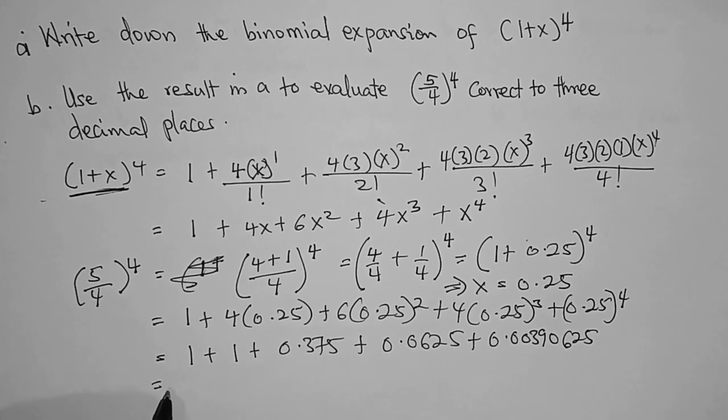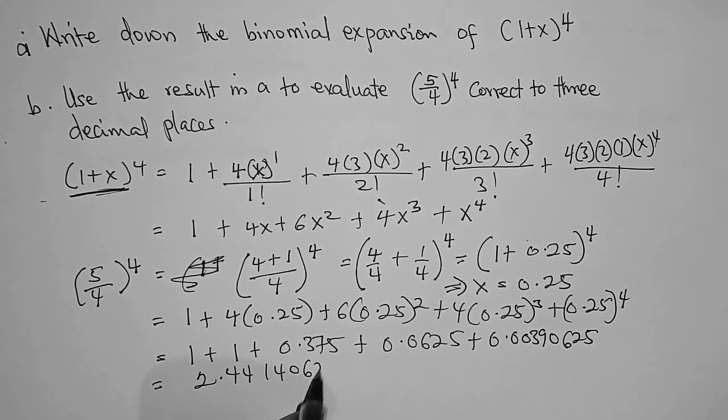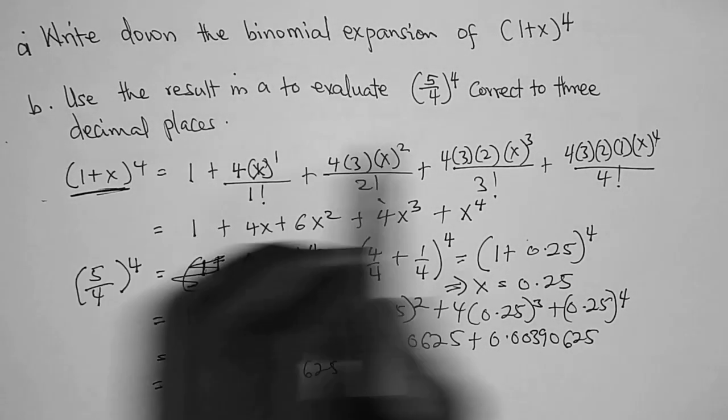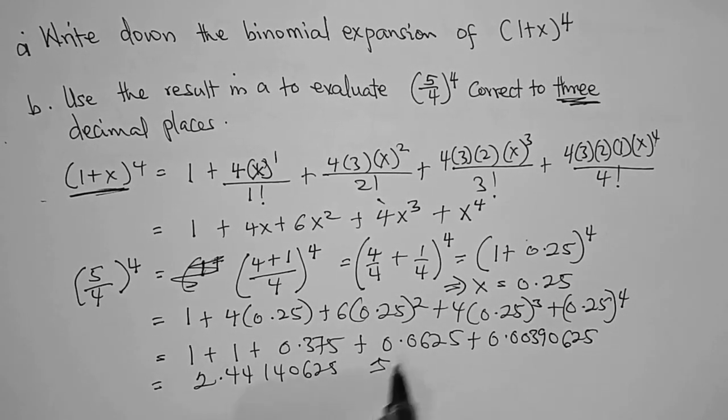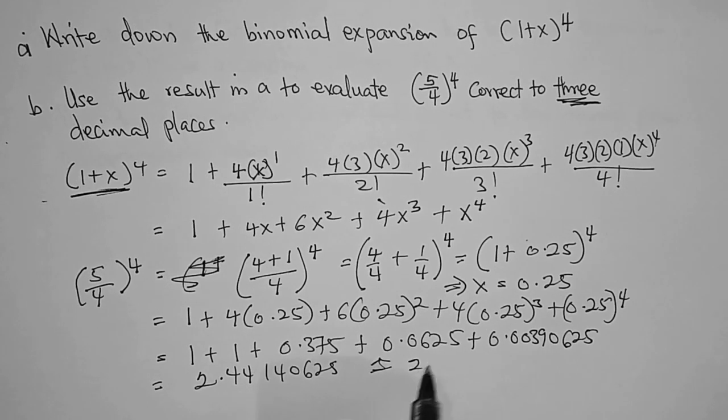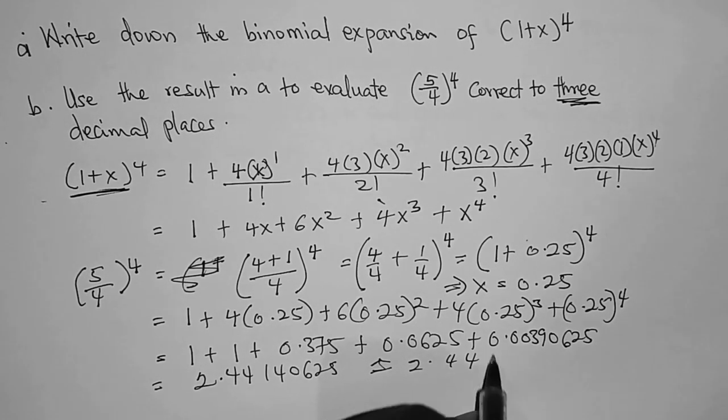So if you add all, we are going to get 2.44140625. But the question says we should leave it to 3 decimal places. So this is approximately 2.441.